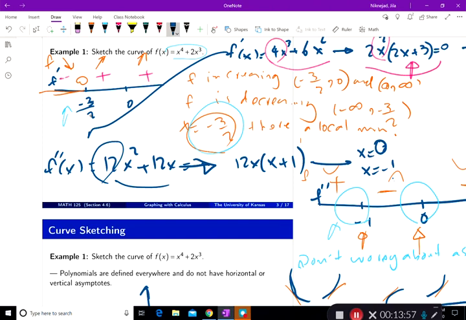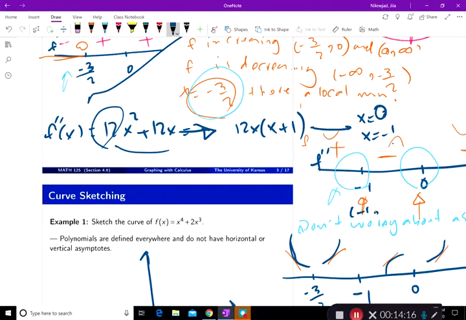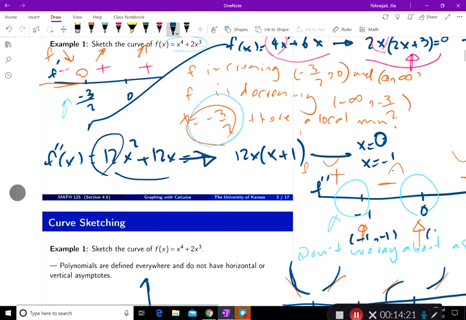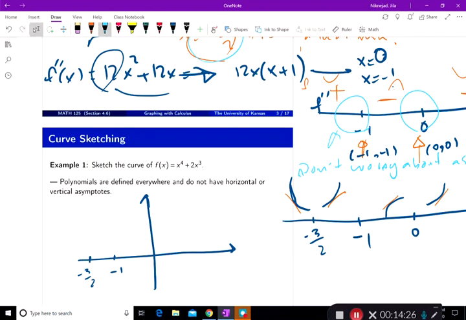You plug in -1 into your equation. -1 to the power 4 gives 1, plus 2 times -1 to the power 3 is -2. So it's 1 minus 2, which is -1. So you have the point -1 and -1, inflection point, and also a point 0 and 0, another inflection point. Let's put those points on the curve. 0 and 0 is right here, and -1 and -1 is right there.